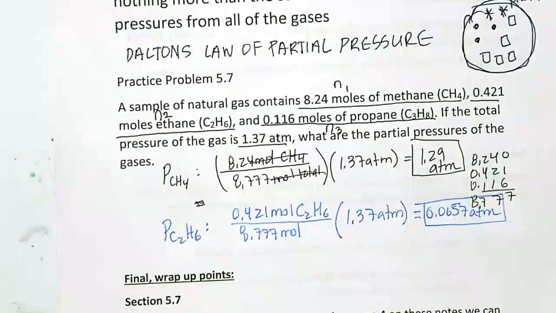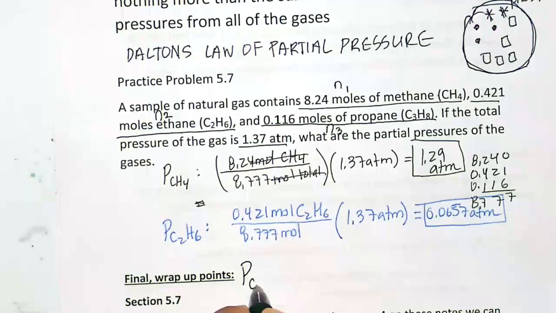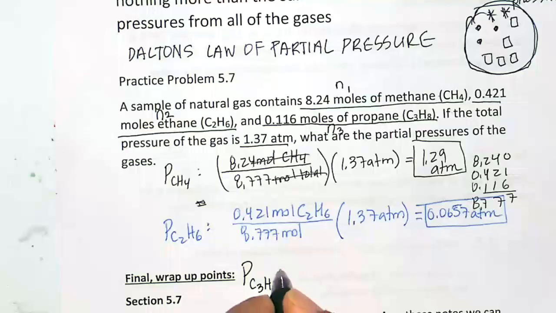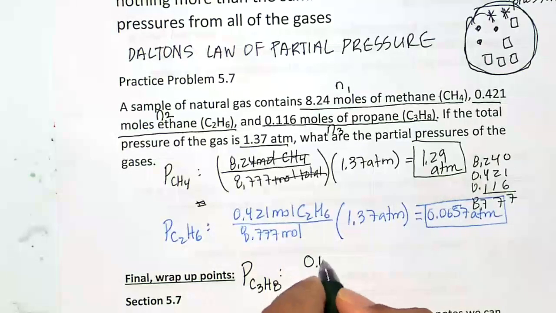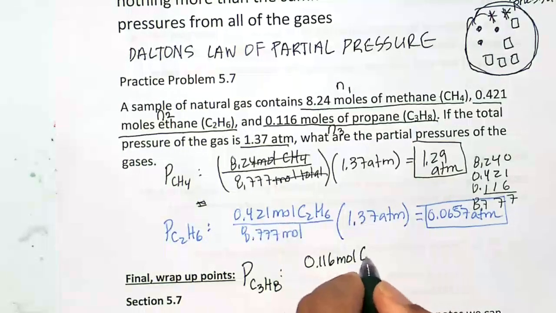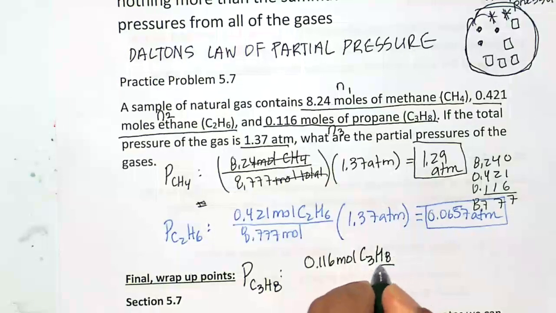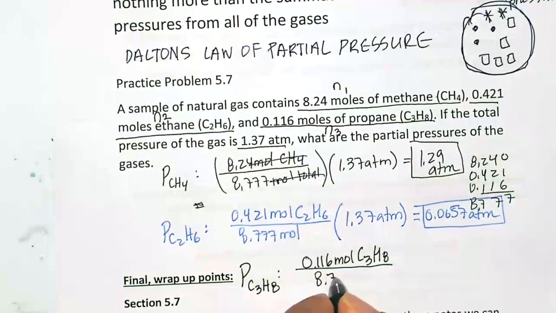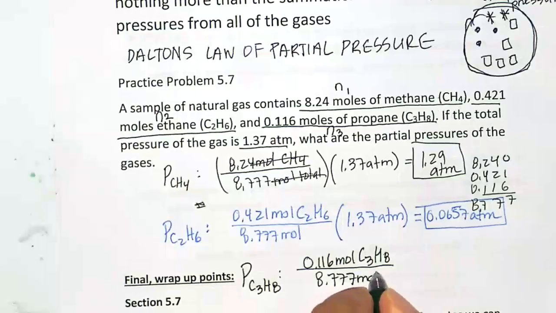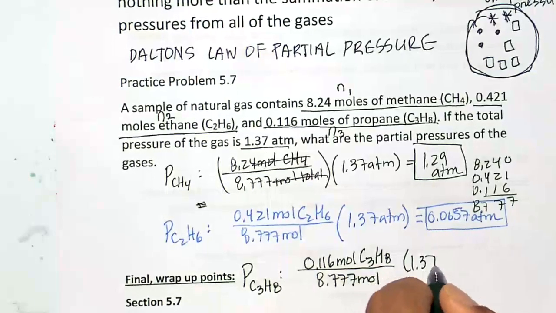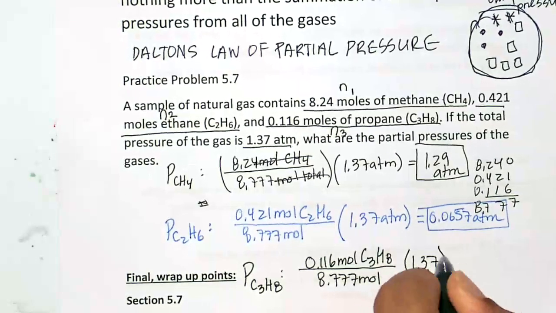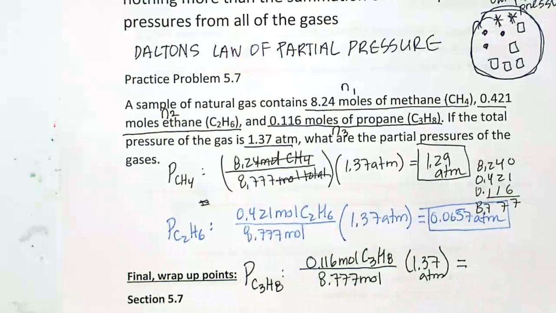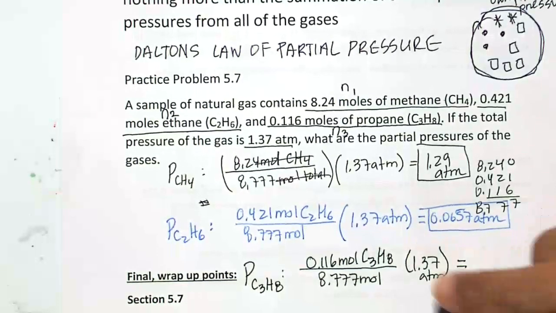And then finally our last one here is propane, which is C3H8. The partial pressure of C3H8 is going to be 0.116 moles of C3H8. Our total is 8.77 moles, and then we multiply that by the total pressure.